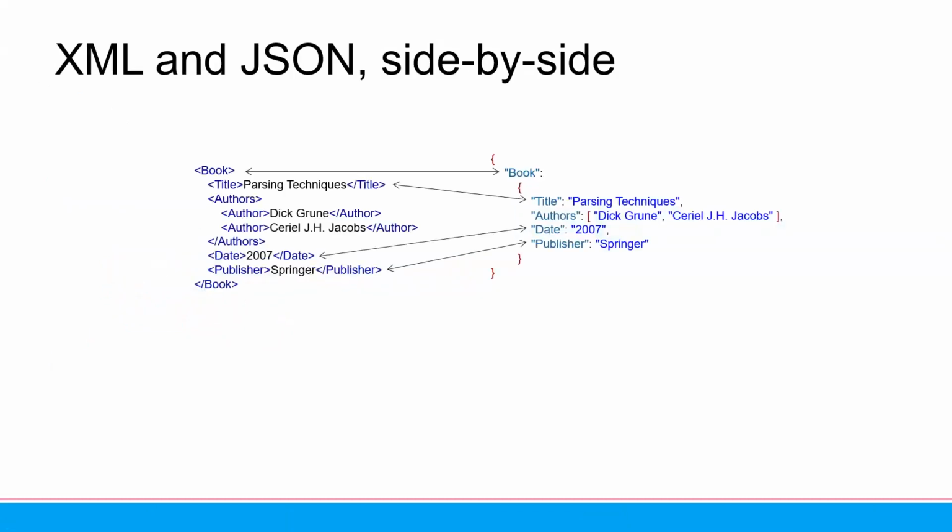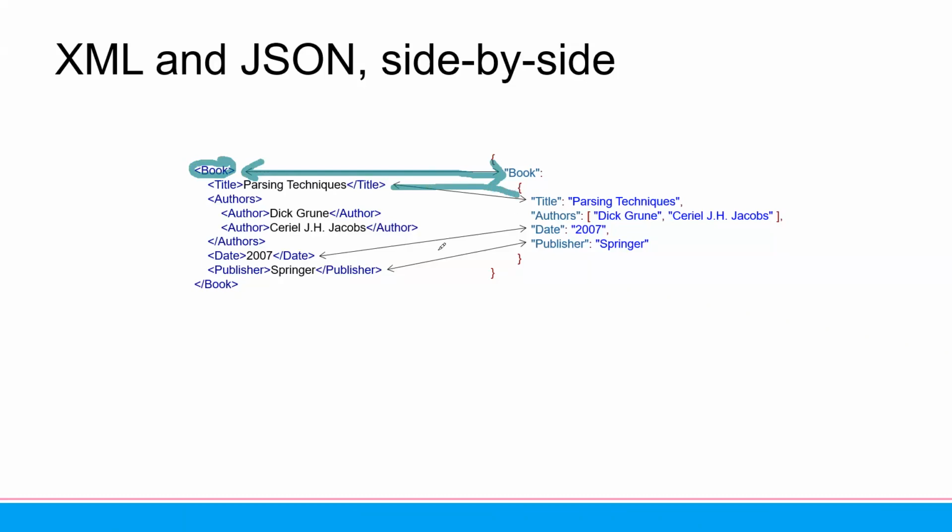So if I put the XML and the JSON side by side, you can see that they are totally similar. The book tag in the XML is the same as the book key in the JSON. If we have title, it complies with the title in the JSON.